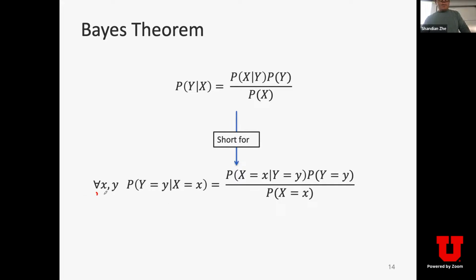If we want to write it in more detail, Bayes' theorem just says that for any possible values that y and x can take, the probability that y takes a particular value given x taking this particular value, small x, is equal to this divided by this.